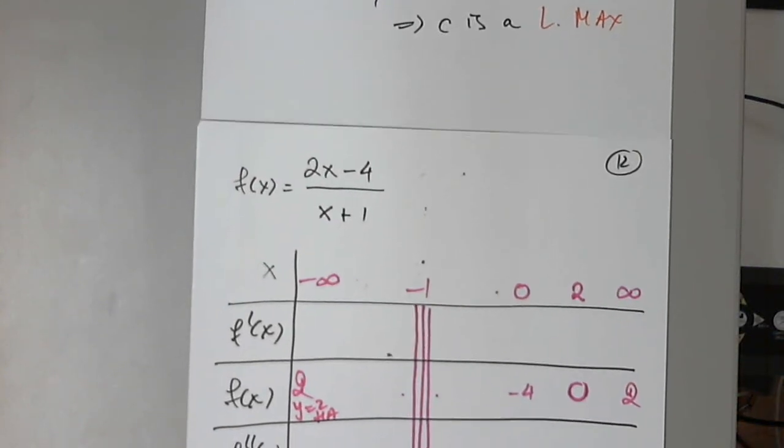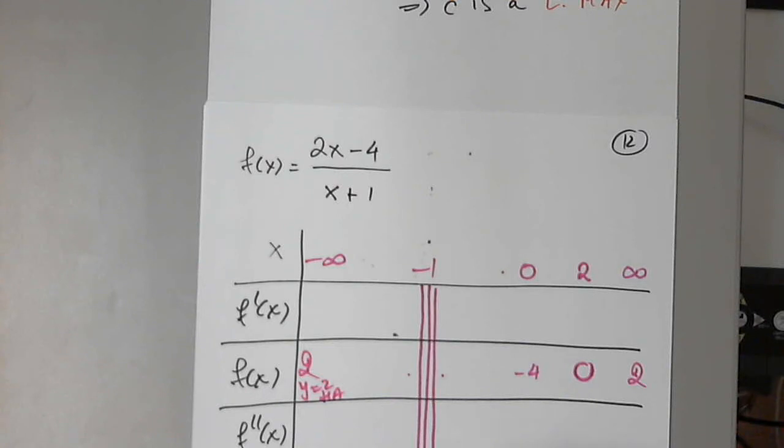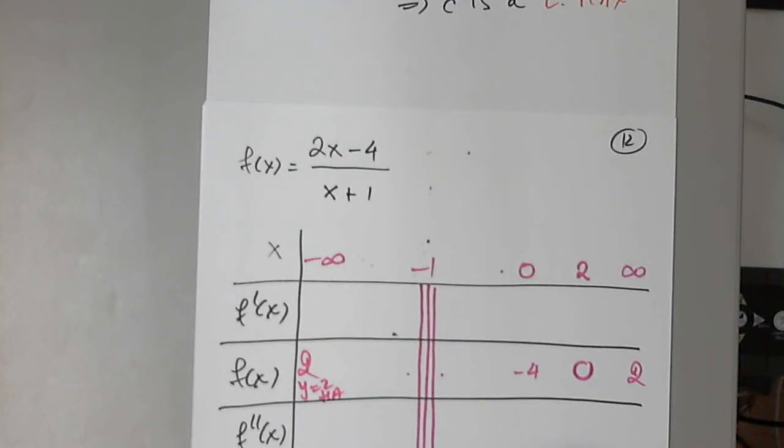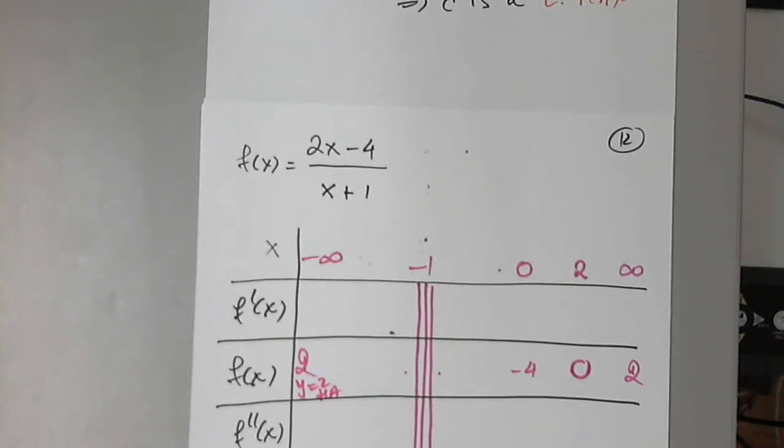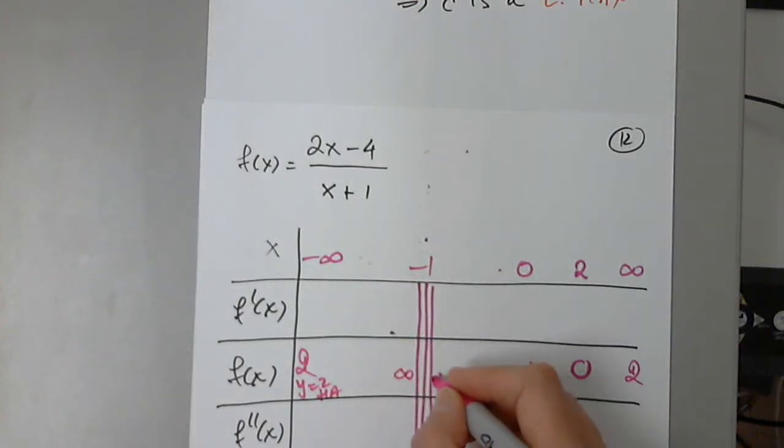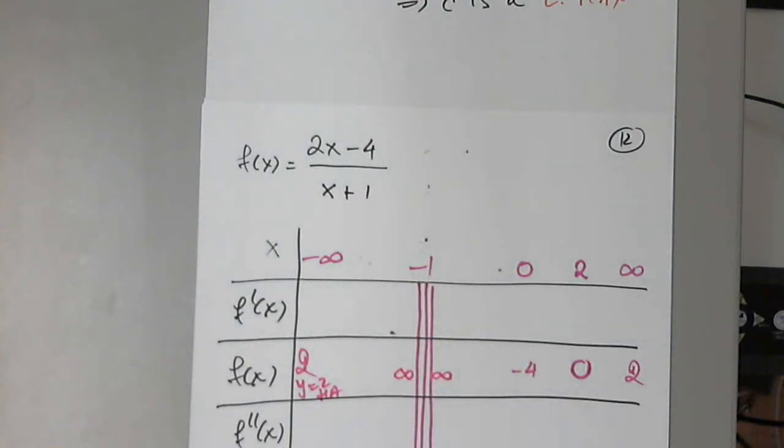x equals -1 will be guaranteed a vertical asymptote. Very good. And these must be infinities. That's why we study those limits at the very beginning. So from the left with -1.1, where does that go?